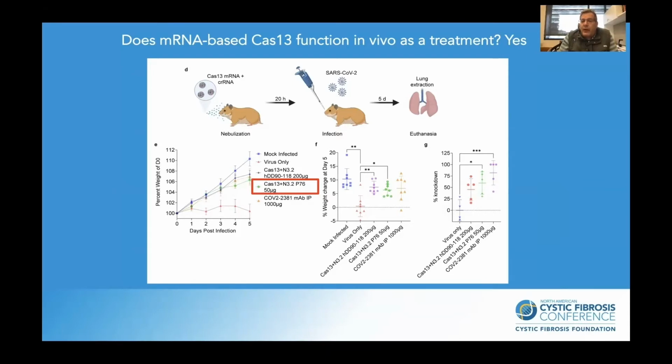And then when we compared, I would say percent knockdown, we were very competitive with IP antibody, again, with 20 times lower dose. So we did see a progression where certainly P76 did a little bit better than the Anderson polymer, at a higher dose for the Anderson polymer, and then a much higher dose of antibody. So overall, we were very pleased by the results.